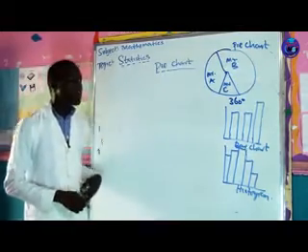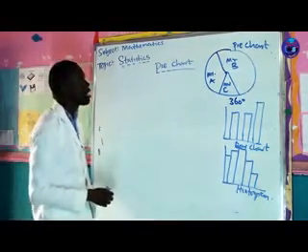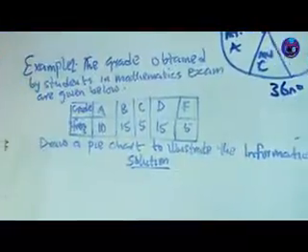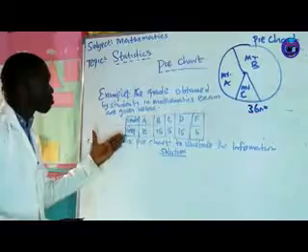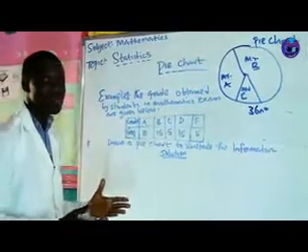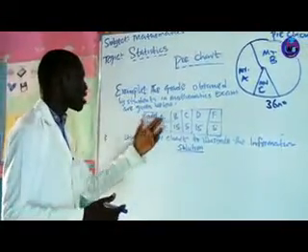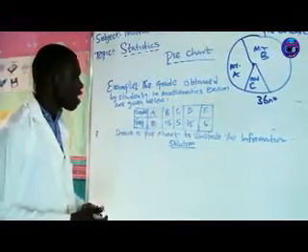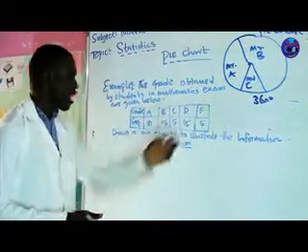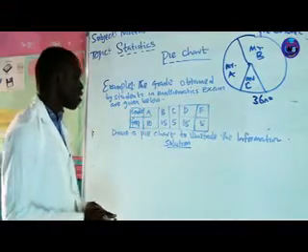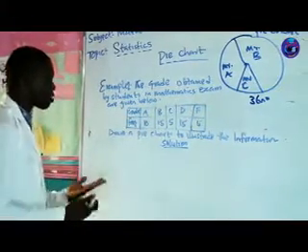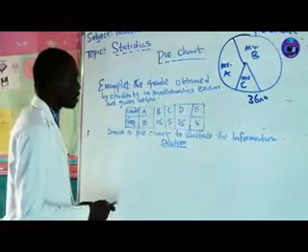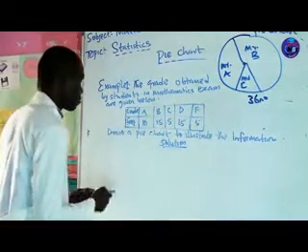Let me give you an example where we can construct our pie chart. Now we have grade here. In this example, grade A 10, grade B 15, grade C 5, grade D 15, and grade F 5. Now let's look at how to draw the pie chart for this data.